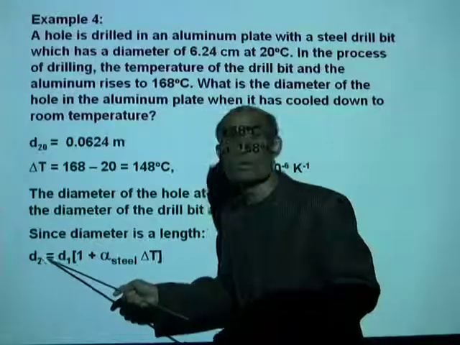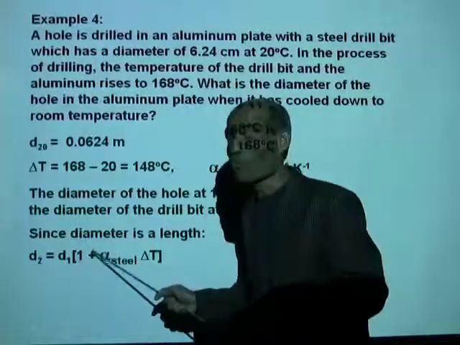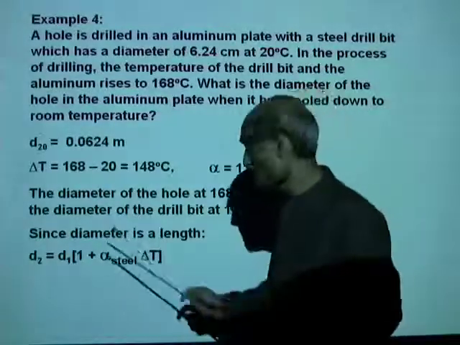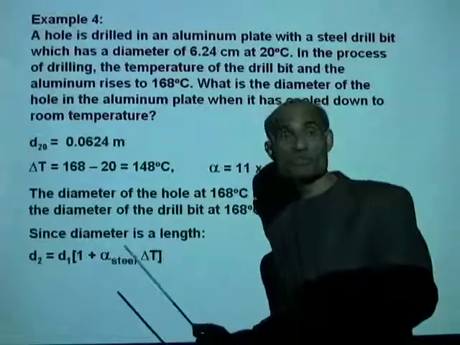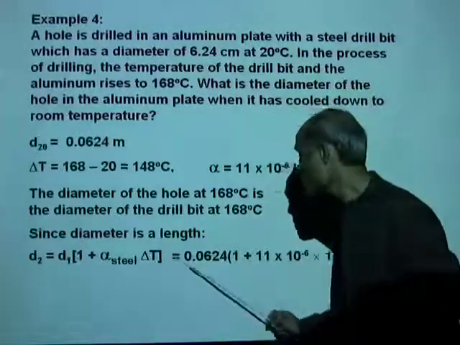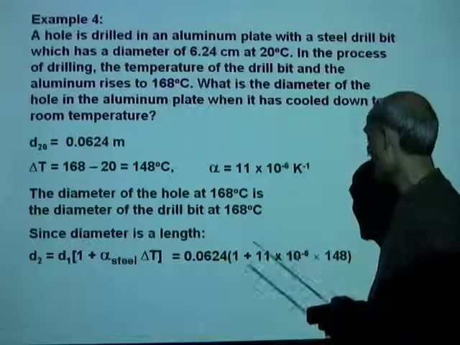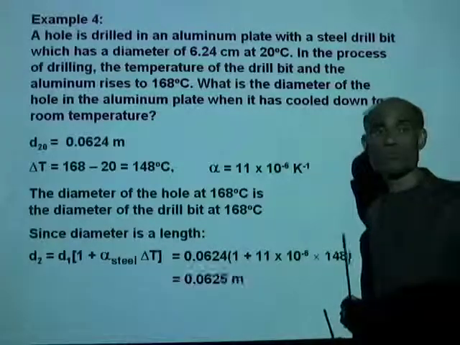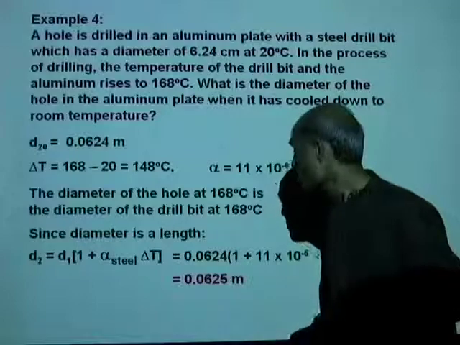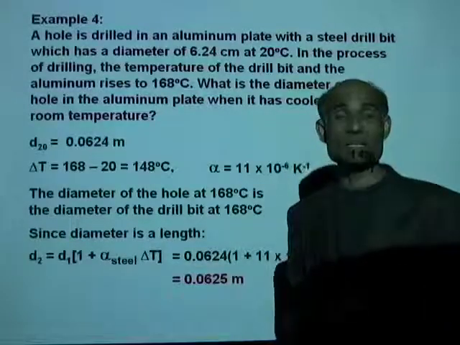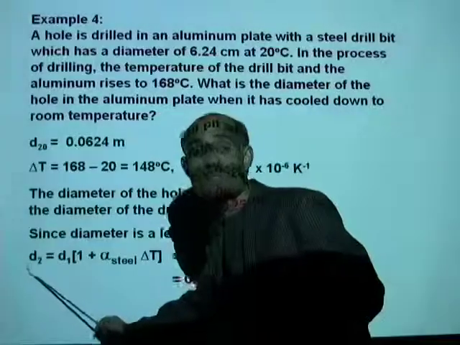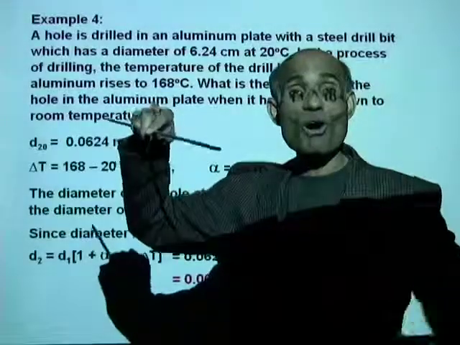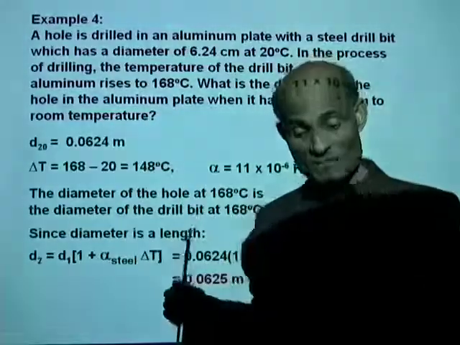So D2 equal to D1 times 1 plus alpha delta T, where alpha is for steel. Well, we have all these values. D1 is 0.0624, alpha is 11 times 10 to the negative 6, and the change in temperature is 148. That is 0.0625 meter. That is the diameter of the drill bit at the high temperature, which is the same as the diameter of the hole in the aluminum at that temperature.